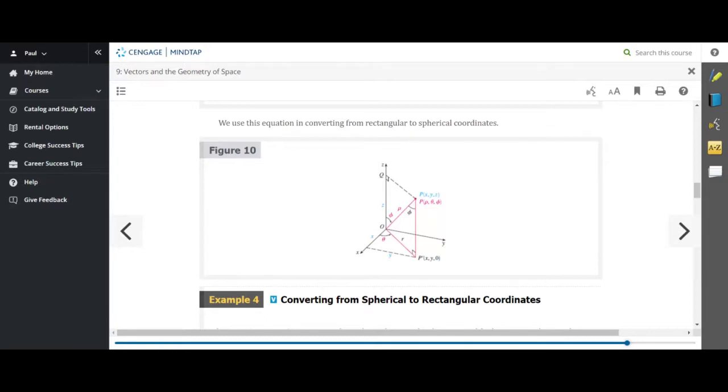Let me do it step by step here. You ought to at least see why one of these conversion formulas works. If I can show you one, you can figure out the other. This is section 9.6, figure 10. So based on the picture, cosine of theta is x over r, which means x is equal to r cosine theta.